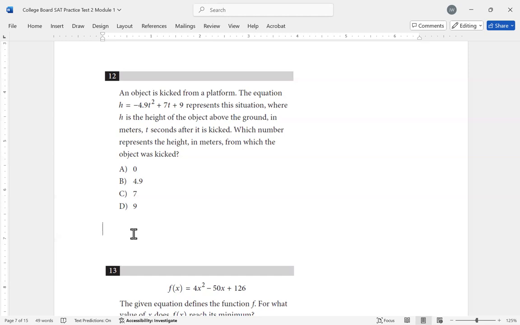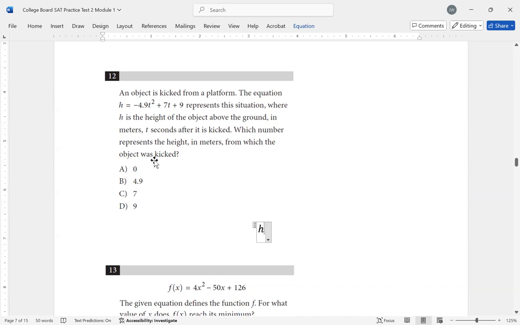So h is the height, t is the number of seconds after this object is kicked. Which number represents the height in meters from which the object was kicked? So the height in meters, that's the h, from which the object was kicked.